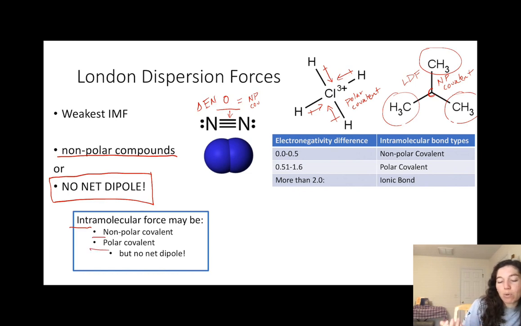It could also have a polar covalent bond, but it has to have no net dipole if it has the polar covalent. So you could have nonpolar covalent and it have a net dipole and it would still be London dispersion forces. But if you have a polar covalent bond, it has to have no net dipole in order for it to qualify as London dispersion forces.